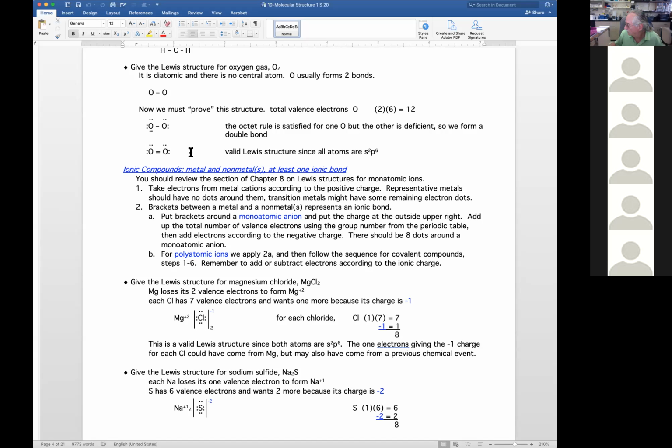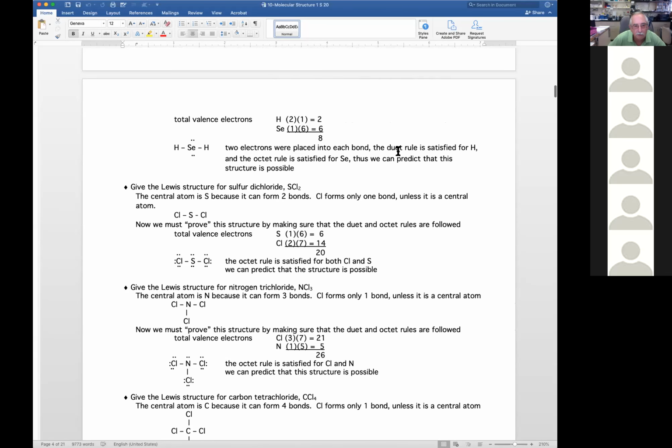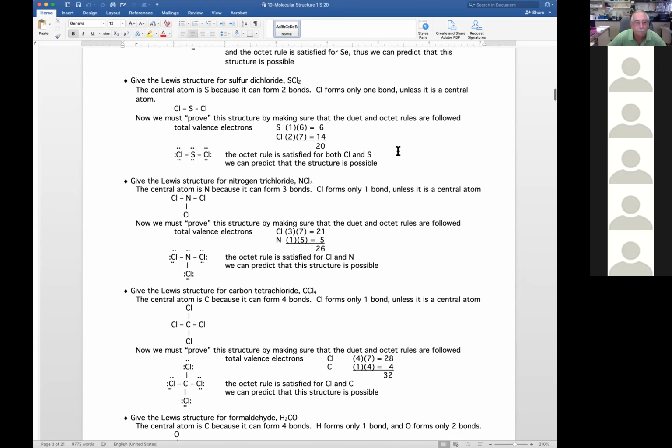I've got a question on the setup for the valence electrons. Maybe we can go back to sulfur dichloride, for example. Sulfur, as I understand it, has 6 pairs and there's only 1 sulfur atom, and that's why you arrange it that way, correct?